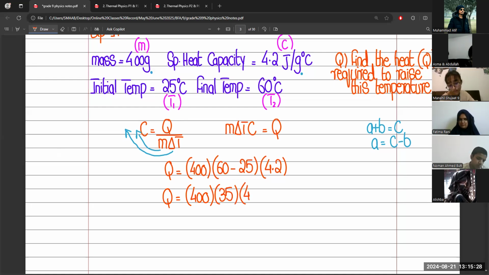multiplied by 4.2. So now we just multiply all the quantities and you will get the answer 58,800.